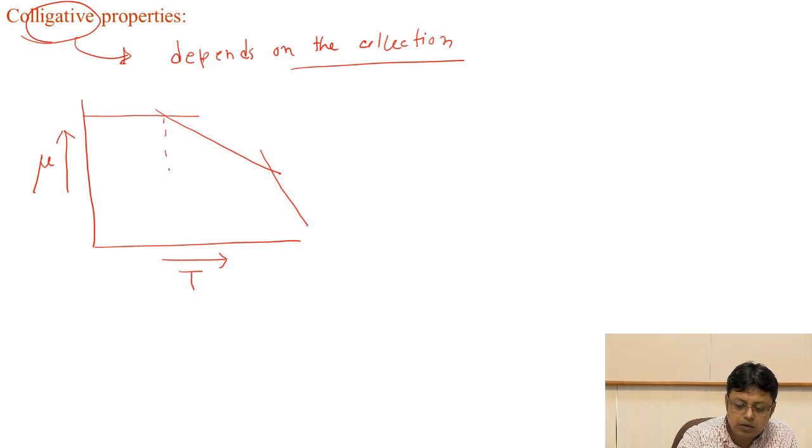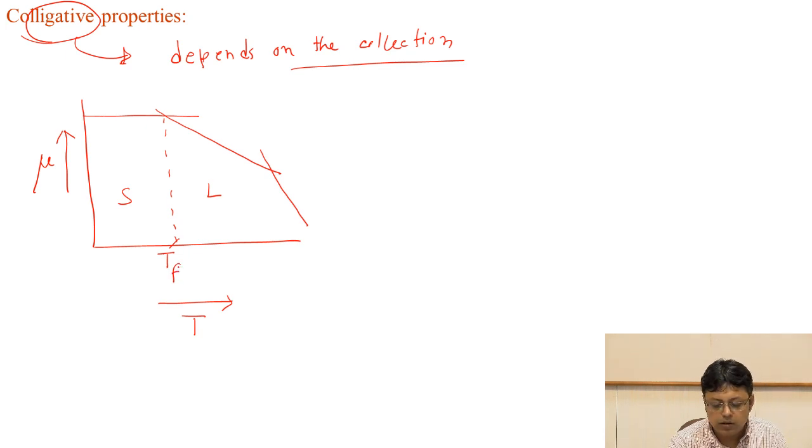So here, where we have a phase transition from solid to liquid, this is the solid region, this is the liquid region, which we called the melting point or the freezing point equivalently, and similarly this is nothing but the boiling point. This region is the vapor region.